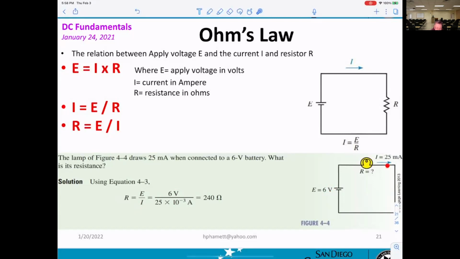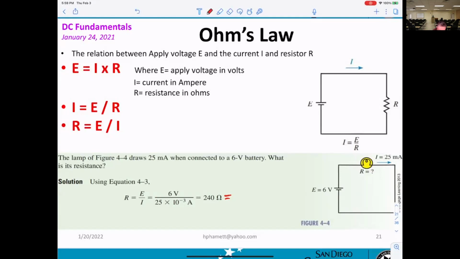I is 25 milliamp. You must convert to amp. Okay? 25 times 10 to the minus 3. They have to be in amp. So you take 6 divided by 25 and 10. If you don't know, I can give it to you. Okay, 6 divided by 25.